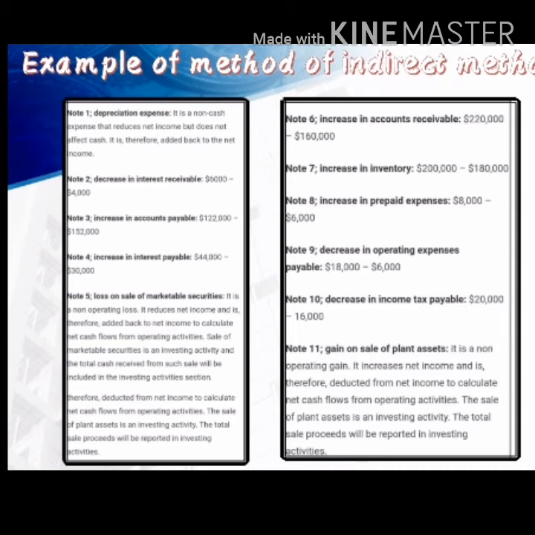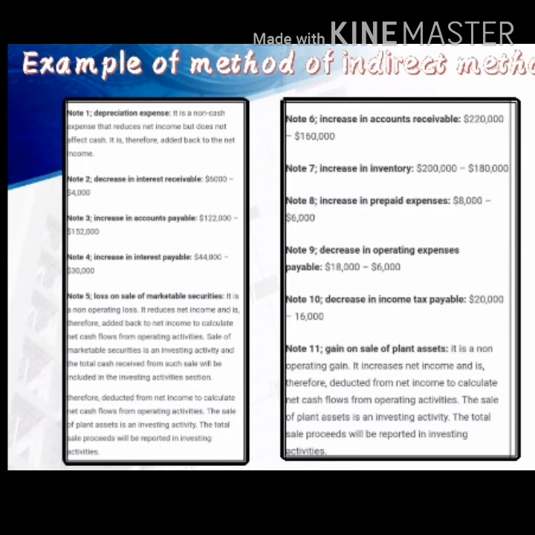So next, number 7, the increase in inventory. Here, inventory is also under the current assets on the balance sheet of the XYZ company. So the ending balance of the inventory, which is $200,000, minus the beginning balance of the inventory, which is $180,000.